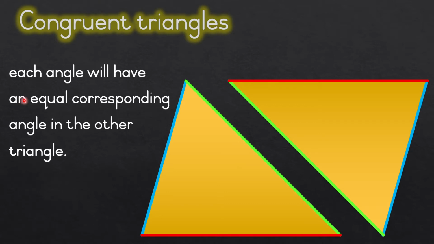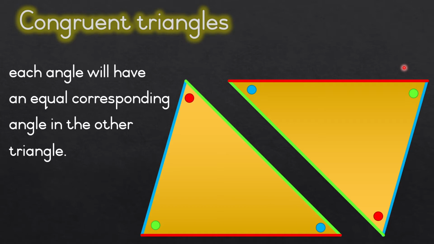The second part says each angle will have an equal corresponding angle in the other triangle. That means that if I look at the first triangle and I have one angle, I will have exactly the same size angle in the second triangle. And the same applies to the other two angles. So that means that this triangle has the same sides and the same angles as the second triangle.